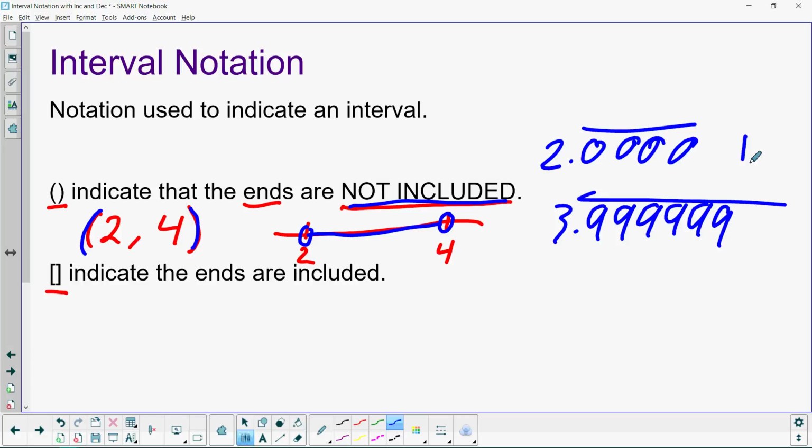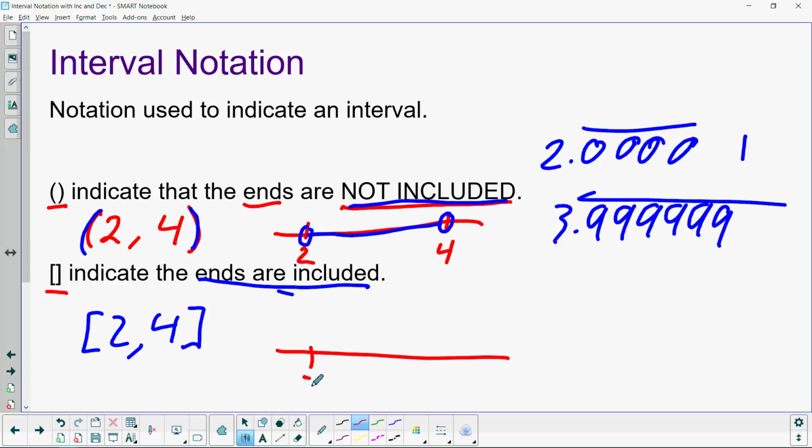Brackets just mean the exact opposite of that. It does include the points. The ends are included. So if we had 2 to 4 with brackets, it's going to look pretty similar. It's still going to include everything in the middle, but it includes the point on the end.